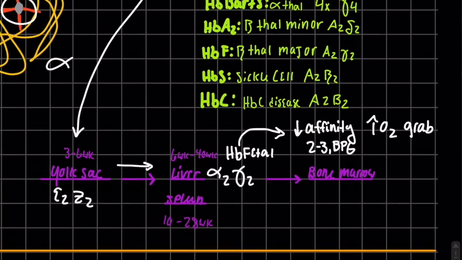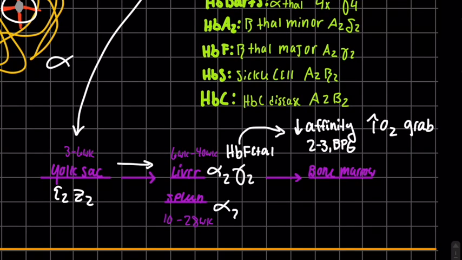At the same time, in the spleen, we're also going to have alpha 2 beta 2 being made. This is our regular adult hemoglobin, so the body is just trying to practice making adult hemoglobin. We need to have some floating around, because once the baby is born, you need that adult hemoglobin hanging around to participate in respiratory exchange when baby finally starts breathing.